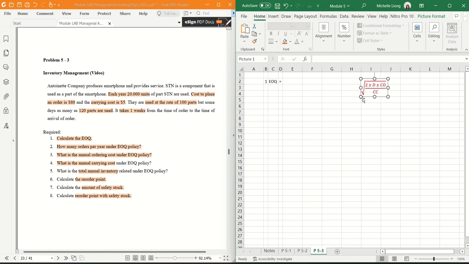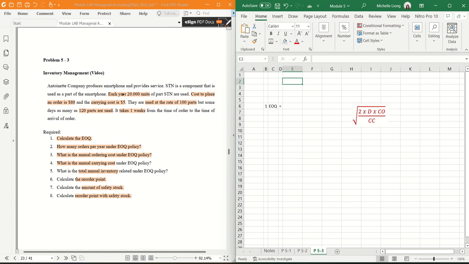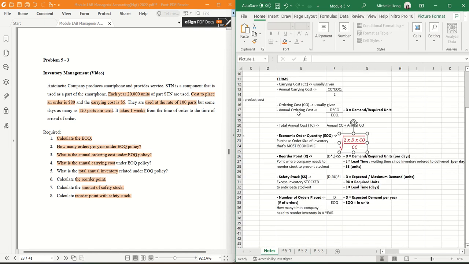right here. So before we do that, we need to insert some information first. The first one is the ordering cost.